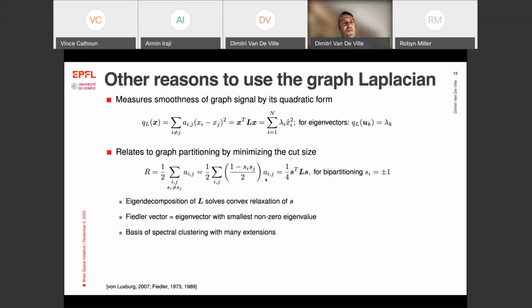And one more remark is that the graph Laplacian also relates to the convex relaxation of the graph partitioning problem because it's a convex relaxation for minimizing the cut size. And this is related to the so-called Fiedler vector and all algorithms you might know that are called spectral clustering. But I won't say more about that for now.